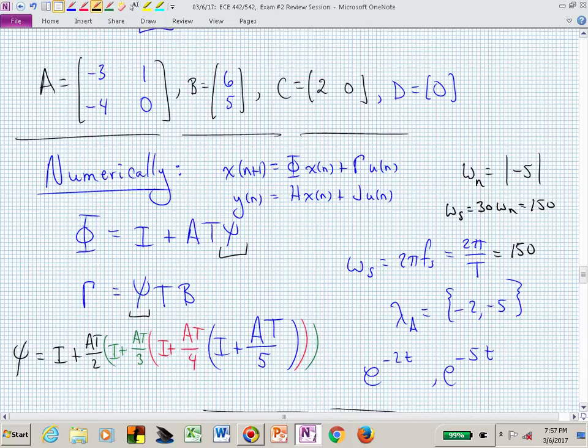So you may want to be throwing things away even. But the reason why you might want to throw things away is because your A matrix and your B may not have much structure if you're sampling really, really fast. Everything's going to be clustered right around z equal 1. And maybe you don't want that.